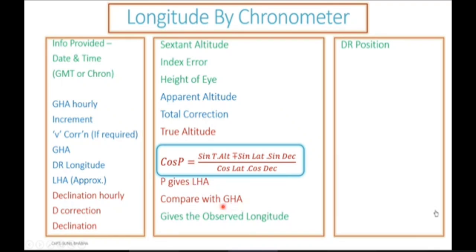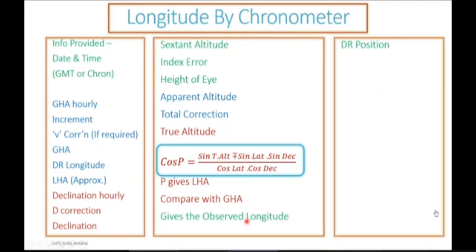And when you compare both of them, their difference gives you the observed longitude. The difference between GHA of a body and the LHA of a body is determined by the longitude of the observer. So when you have both LHA and GHA known to you, you will be able to easily find out the longitude from their difference.